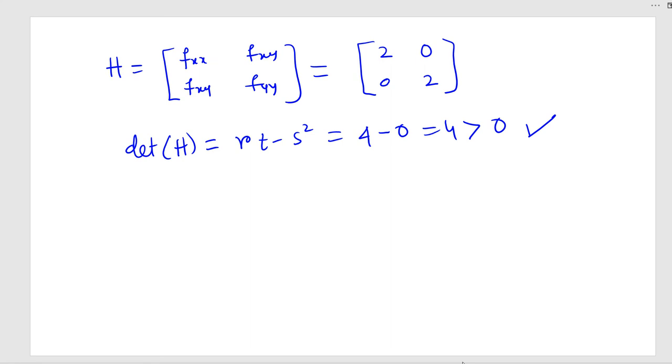But here we can see that fxx, that is r, equals 2, greater than 0.